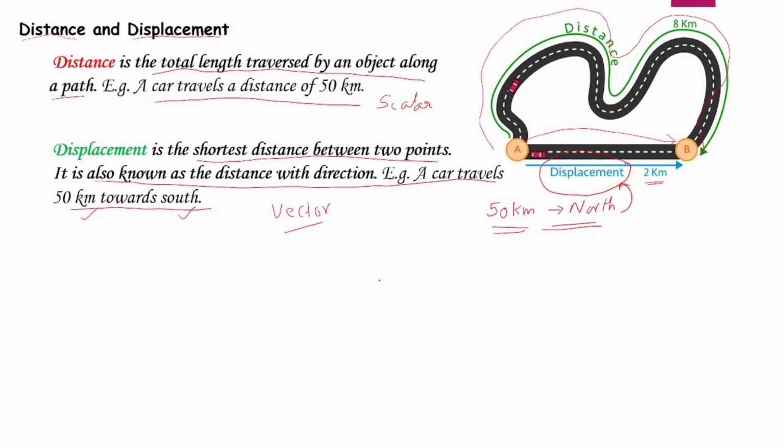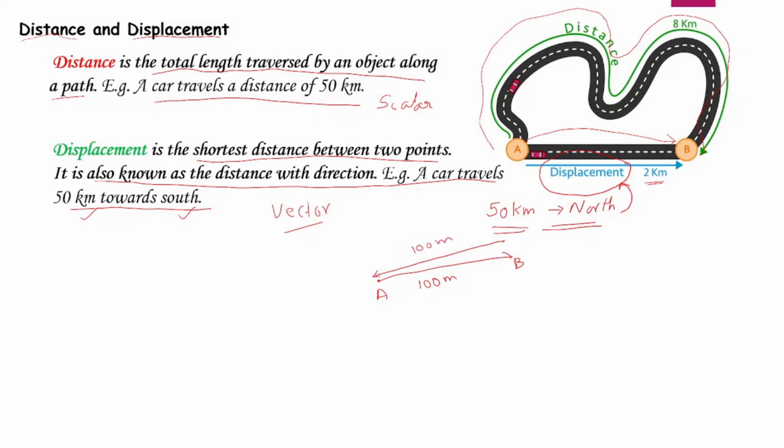Now, suppose a car is going from a point A to point B, and the distance between these 2 points is 100 meters. Again, if the car travels back from B to A, same distance, 100 meters, it is coming back.